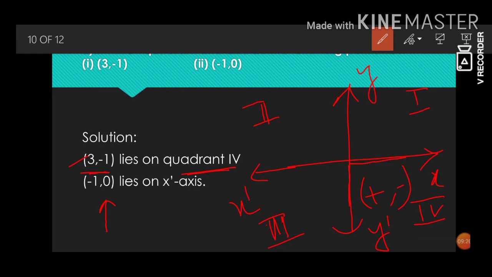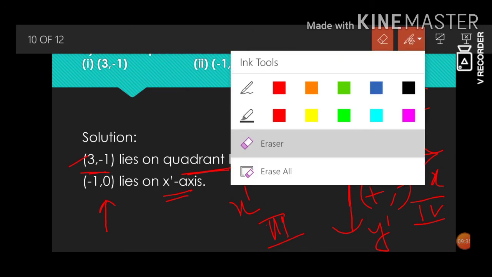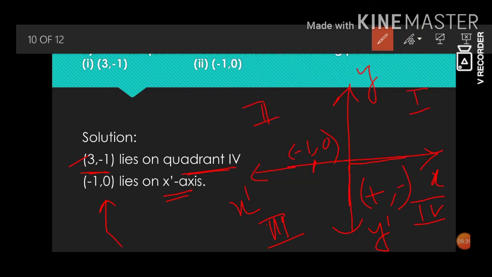Here (minus 1, 0) lies on the negative side of our x-axis. So either we are going to write x-axis or we are going to write negative x-axis, either one of it.